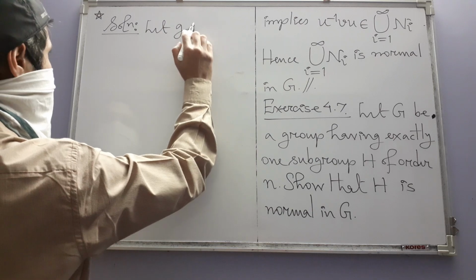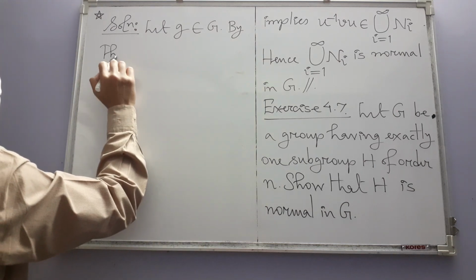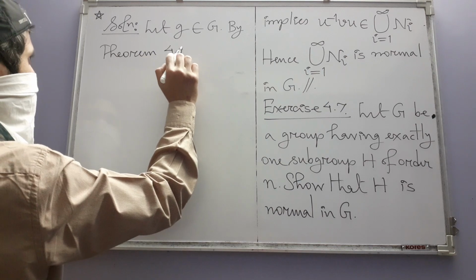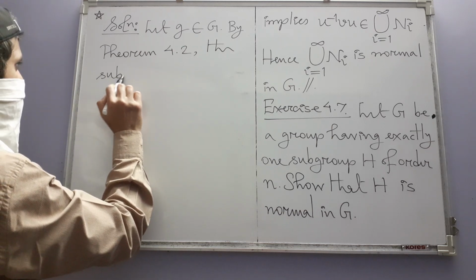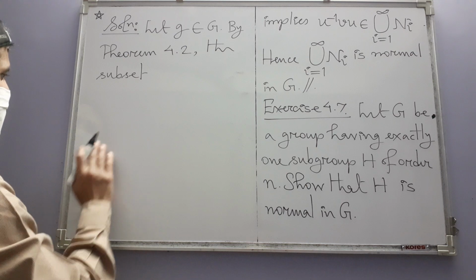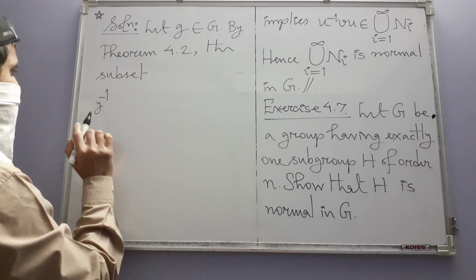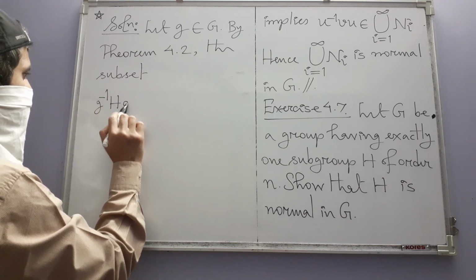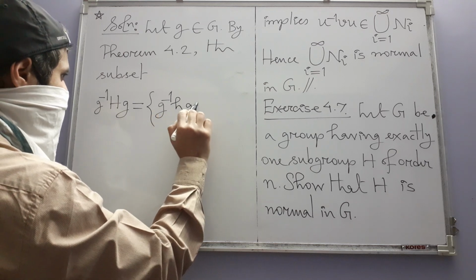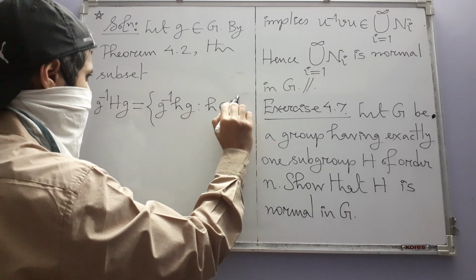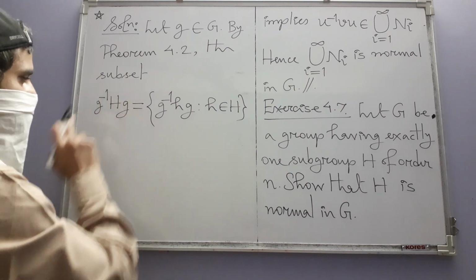So we arbitrarily take an element g in G. By theorem 4.2, the subset, which we write in the next line because we want to write what the subset is, g inverse H g, where the elements look like this: g inverse h g, and h is coming from H. This is the subset and we denote the subset with this symbol.